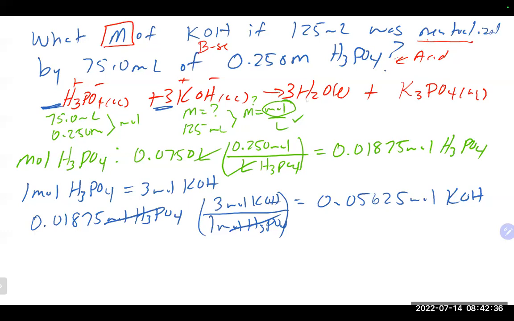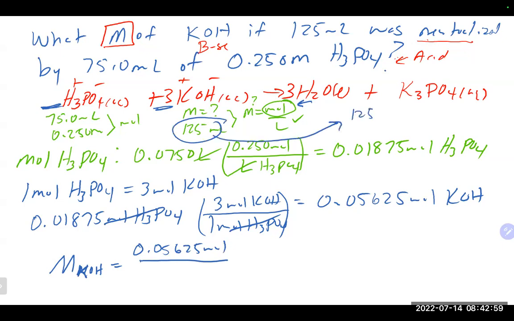That again is the missing piece that we need here to solve for what we're looking for. And that would actually be, in this case, the molarity of our KOH. So the moles that we just calculated, 0.05625, divided by the liters, which was given to us, converting that once again into liters by dividing by 1,000, 0.125 liters.